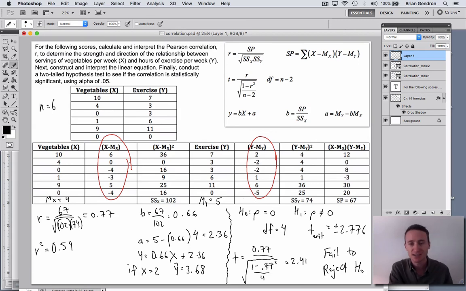It biases the study, and therefore I would guess if you had data on a larger sample, you would probably find a statistically significant correlation between vegetables and exercise. Nevertheless, the data are what the data are. So we happen to find a fail to reject the null hypothesis with this data set.